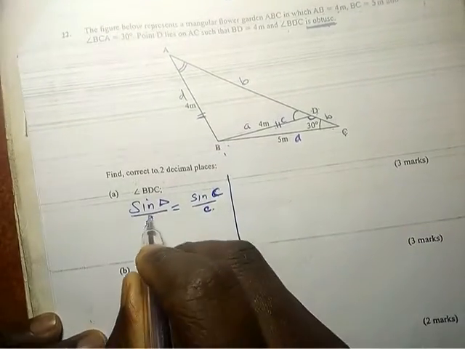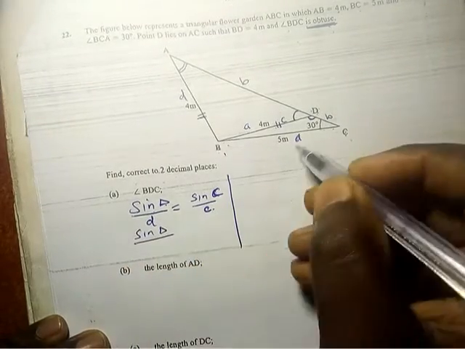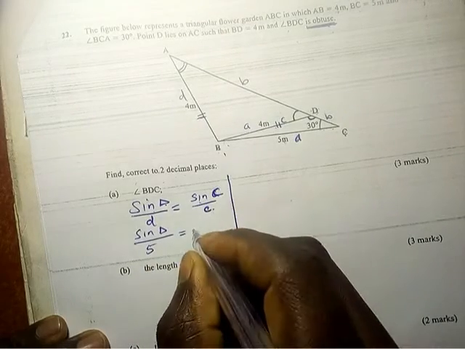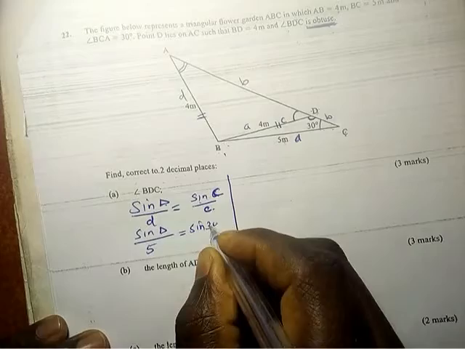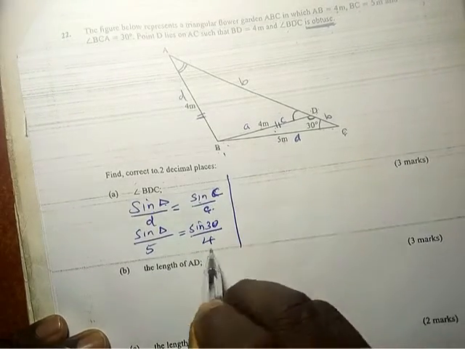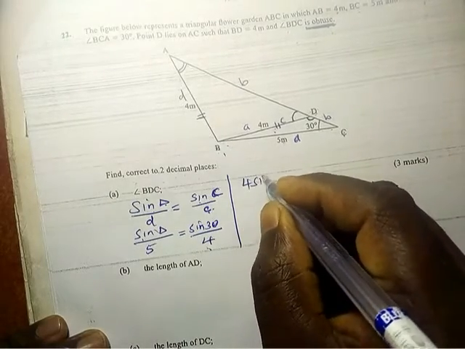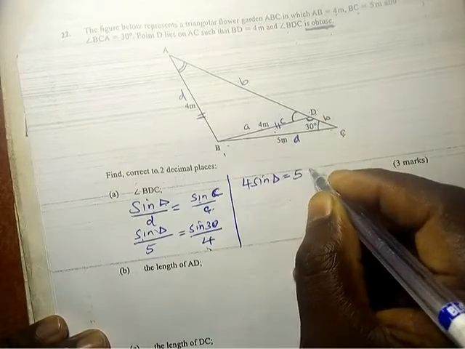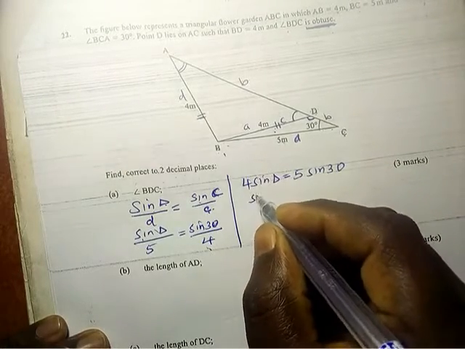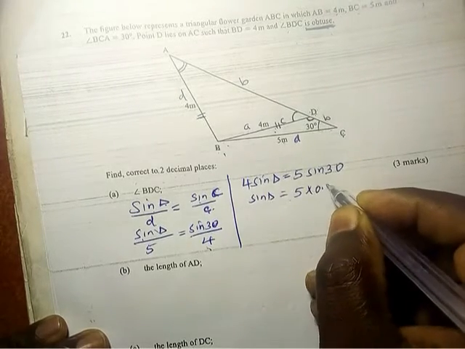So sine D divided by d, where d is 5, is equal to sine 30 divided by c, and c is 4. So we cross multiply. 4 sine D is equal to 5 sine 30. So sine D is equal to 5 times 0.5, since sine 30 is 0.5.